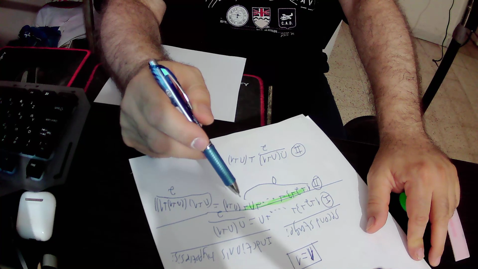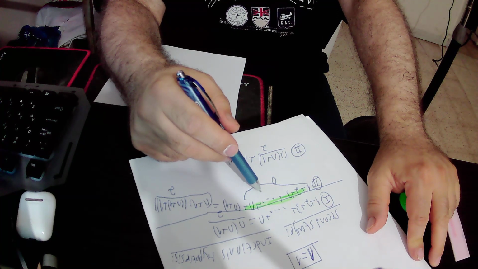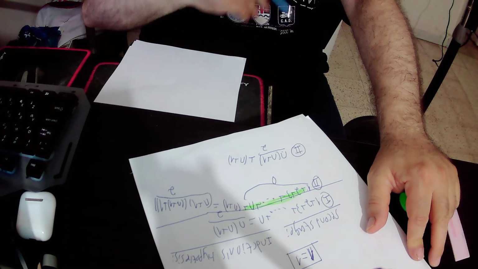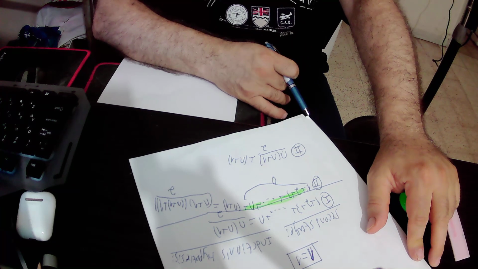They are equal to each other, so we can substitute the expression in the green color by n times n plus 1 divided by 2.